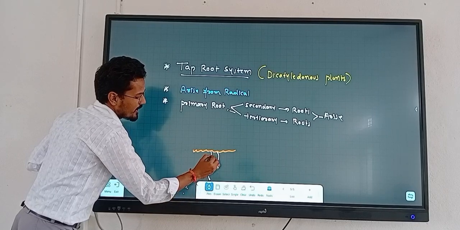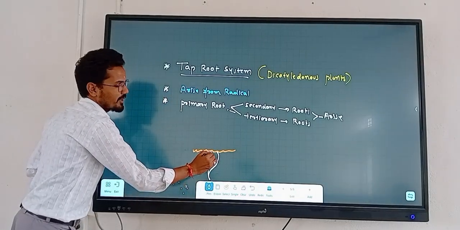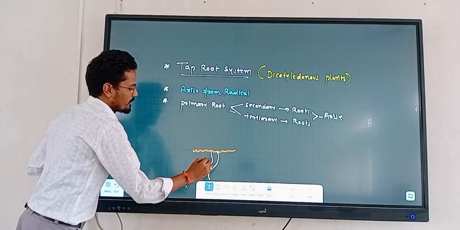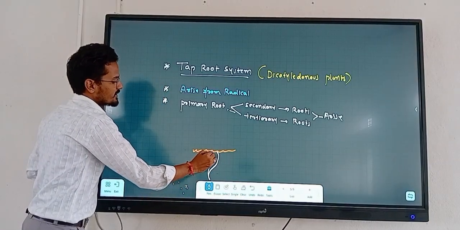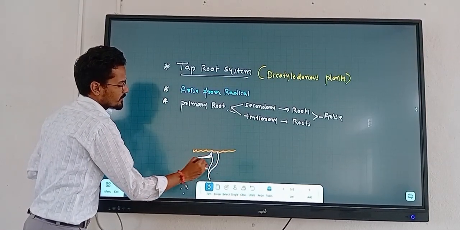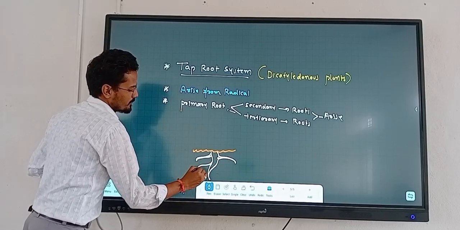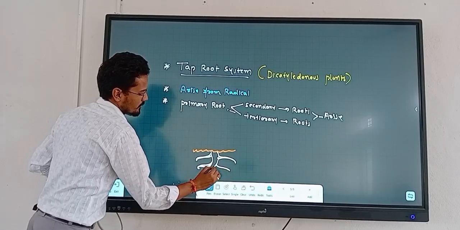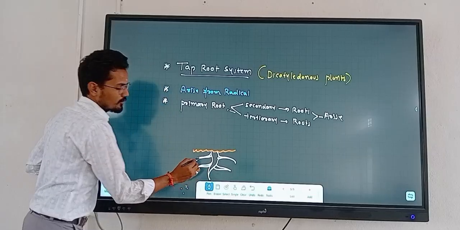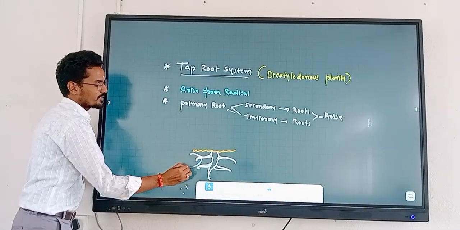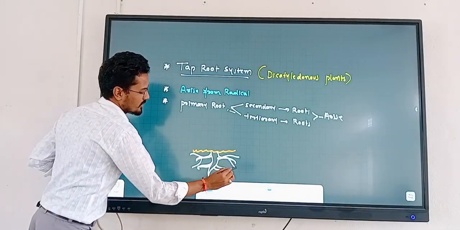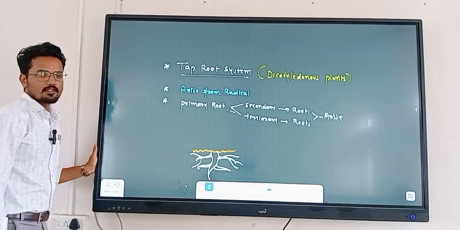The main root is called the primary root. From this primary root, secondary roots will arise. From these secondary roots, tertiary roots will arise.